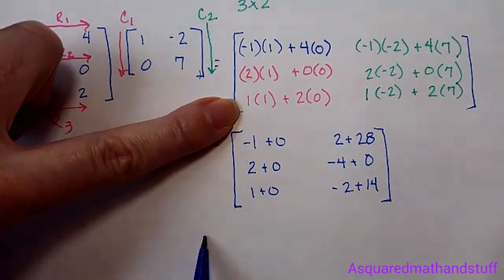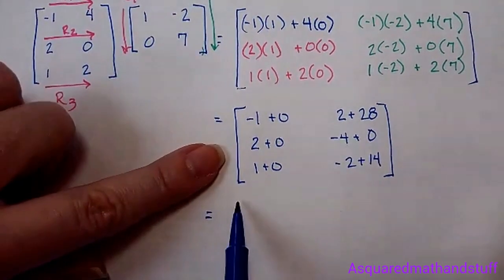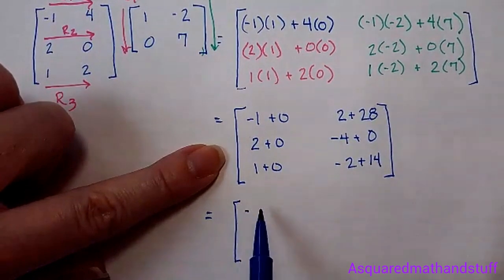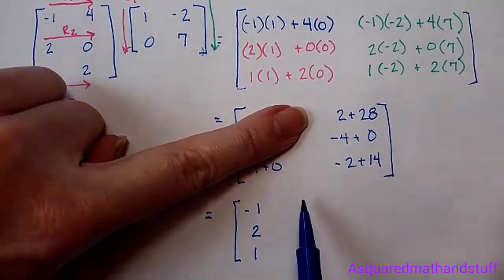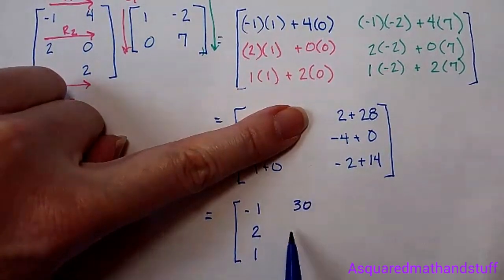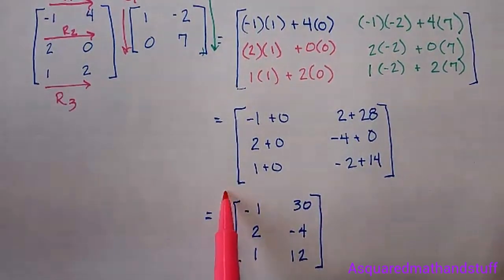And then finally, we can get our final answer here by adding these terms. We'll end up with -1, 2, 1, and then 30, -4, and 12. So that's our final answer.